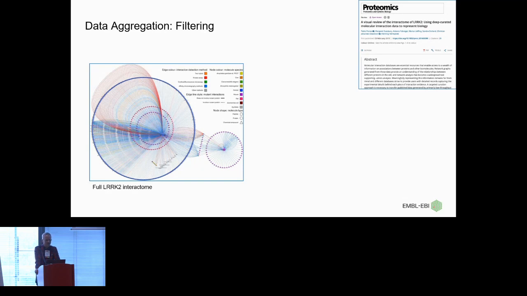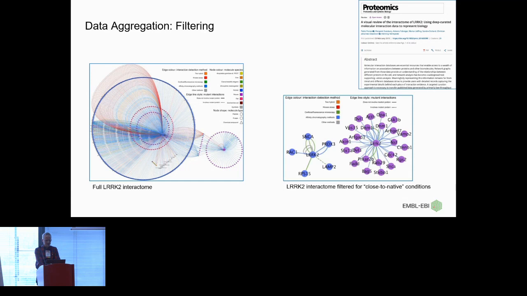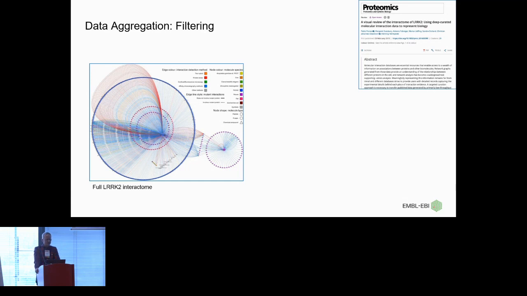And one example is at some point we did an almost full curation of all interactions from the literature around the LRRK2 protein. The left side here shows the more than 1,000 reported interactors of LRRK2, which of course is a bit unrealistic, but this is what we took from the literature.